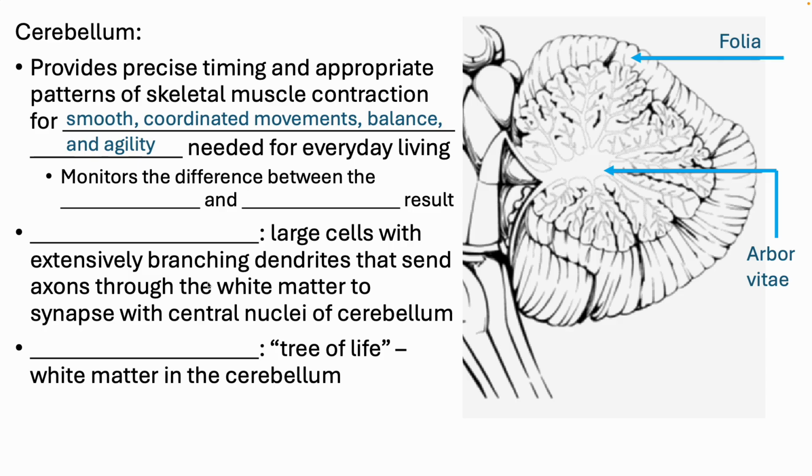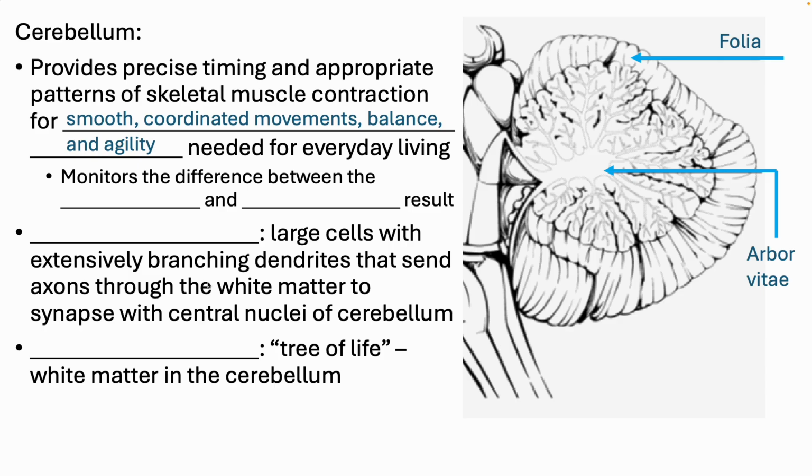It accounts for about 11% of the brain mass, so only the cerebrum is larger. The cerebellum is located dorsally to the pons and medulla, and sitting in between there, you have the fourth ventricle.